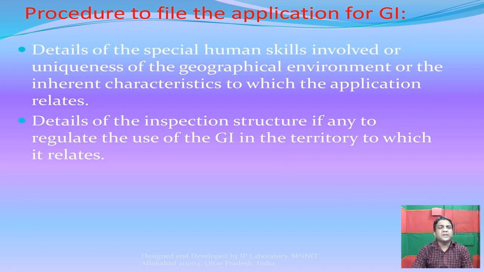After that, applicants must give details about the special human skills involved or the uniqueness of the geographical environment or the inherent characteristics, meaning hereditary characteristics, to which the application relates. Then details of the inspection structure, if any, to regulate the use of the GI in the territory to which it relates. So that is the inspection structure regarding regulation of the GI in special territories or localities.